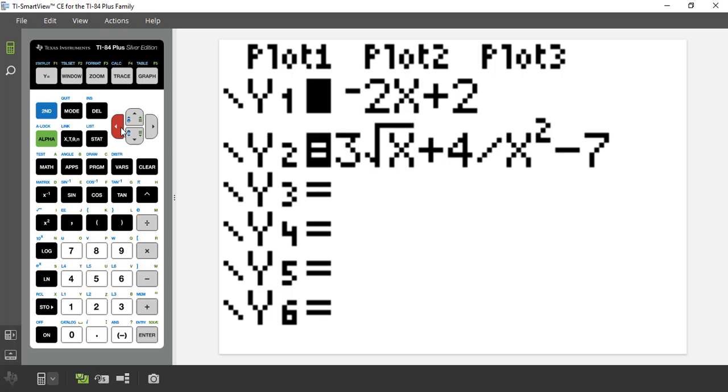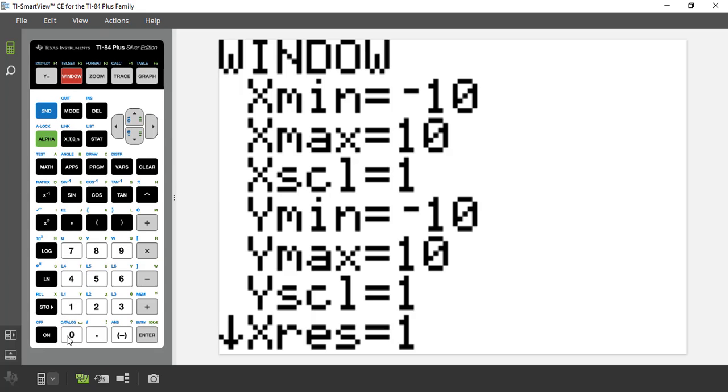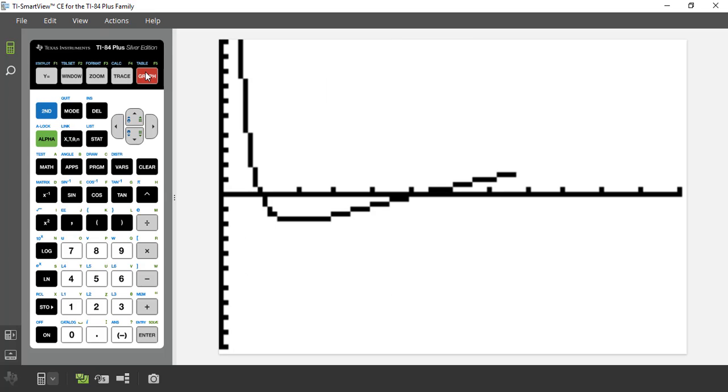I don't want to graph y1, so unhighlight this y1. Go to graph. I need to change the window as x will be from 0 to 12. And y, it doesn't matter, so graph again.